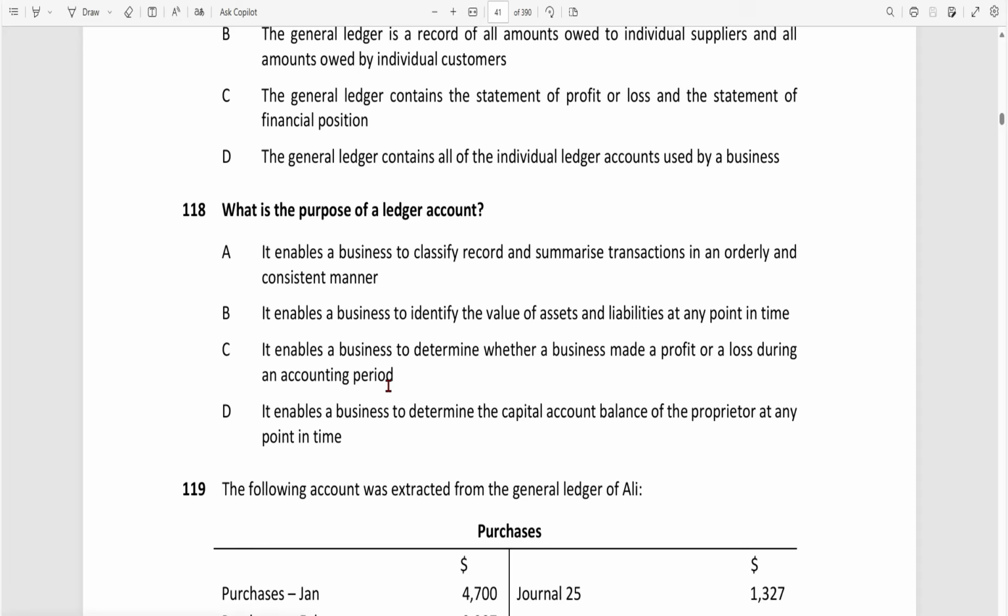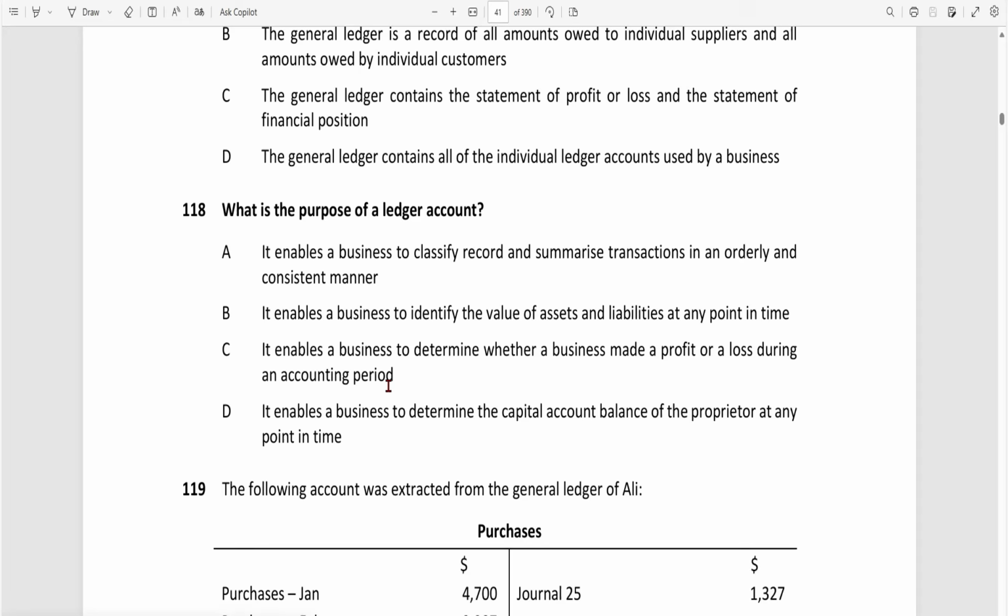The first option says it enables a business to classify, record, and summarize transactions in an orderly and inconsistent manner. Exactly. The purpose of a ledger account is to provide a systematic way to record each and every transaction, as well as classify, or group, transactions of similar nature by organizing them in specific accounts like cash, receivables, payables, right?